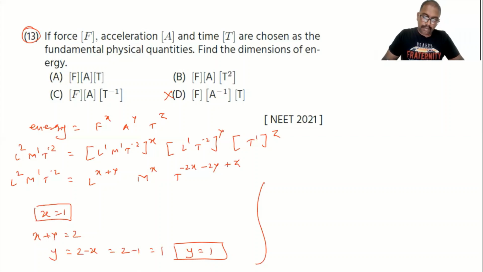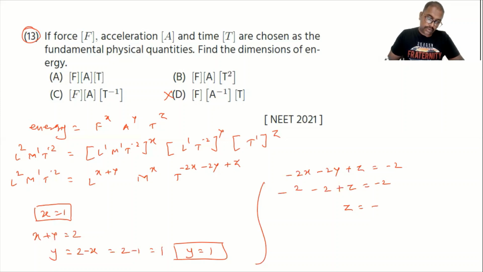So here minus 2x minus 2y plus z is minus 2. So minus 2 times x is 1, y is 1, plus z is equal to minus 2. So z is equal to minus 2 plus 4, so z is equal to 2.